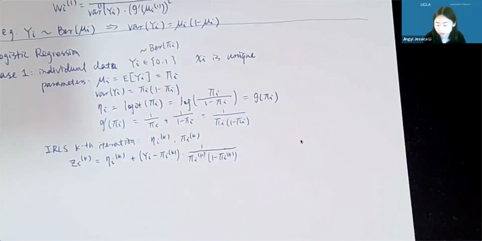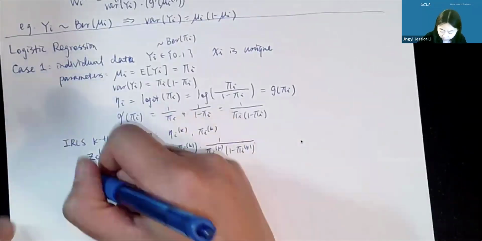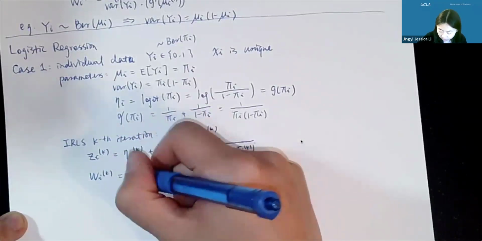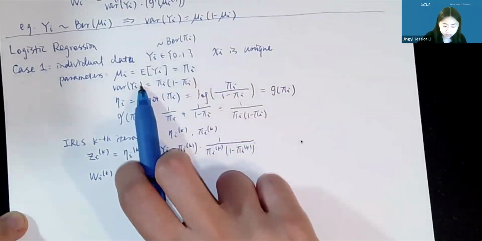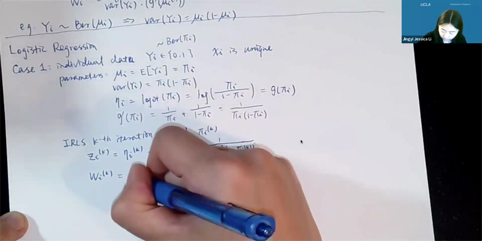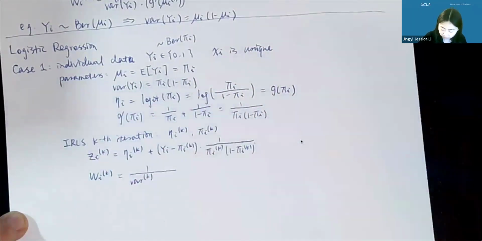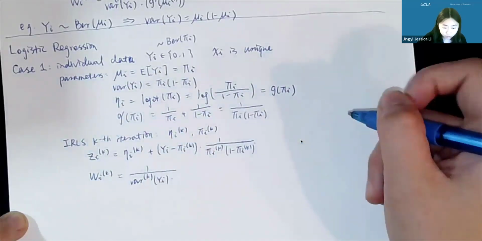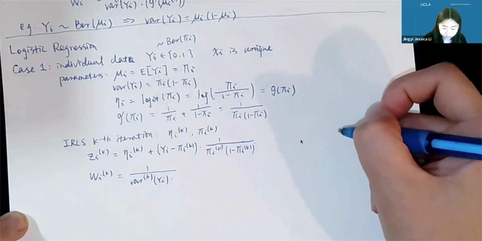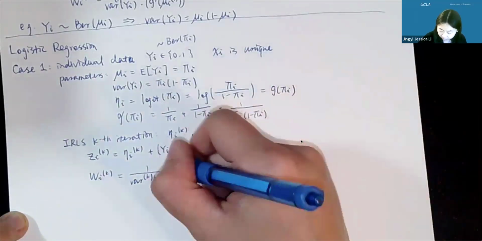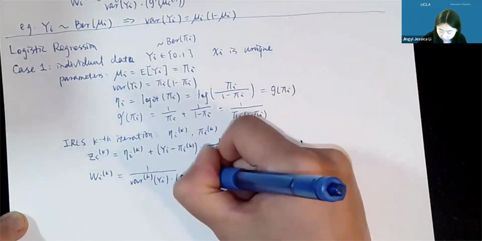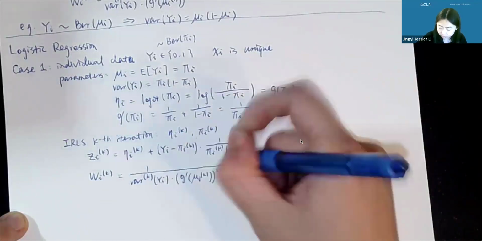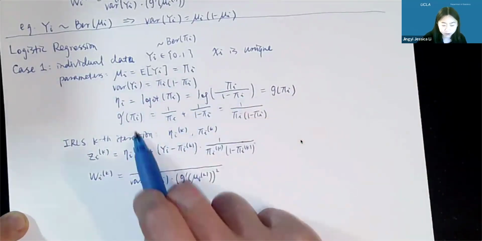And then we update the weights, wik, which is 1 over the variance of yi at the current kth value, times that g prime, the gradient, the derivative at mu ik, squared. So we just plug in all these things, and mu i is pi i.